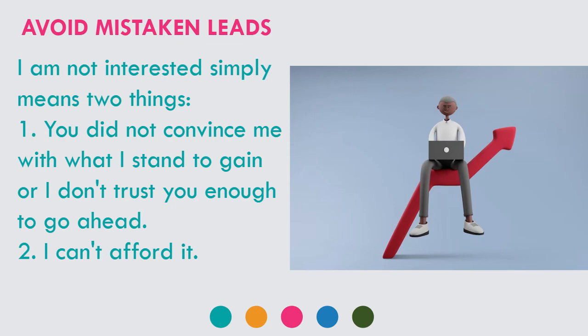What are you going to tell them differently? So avoid the mistake of being like everyone else, and avoid getting people who can't afford your product. Be able to appeal to only those who can afford your product. Interest means nothing when there is no capacity.